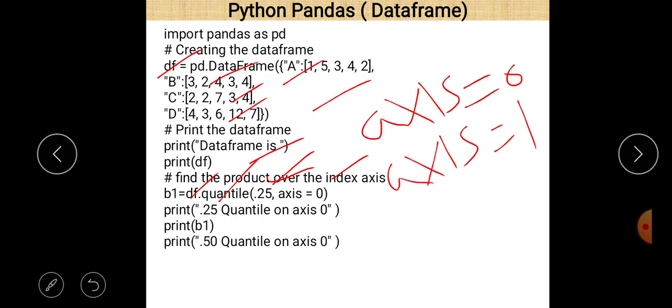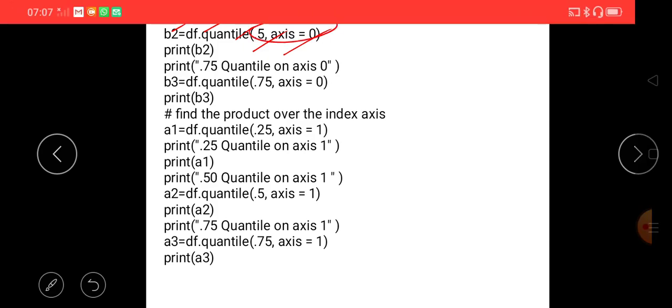And if you want the 0.5 quantile, then just write b2 equal to df.quantile(0.5, axis=0). So the 0.50 quantile will be calculated along axis 0 here.